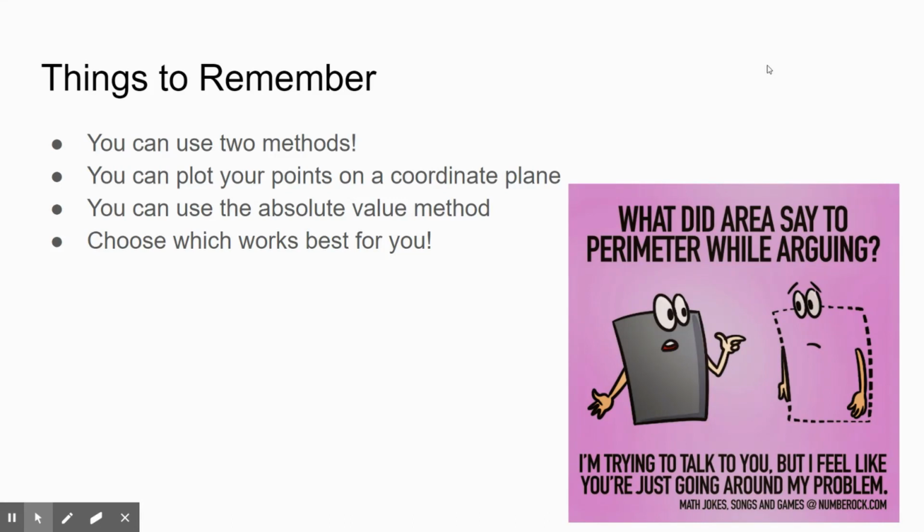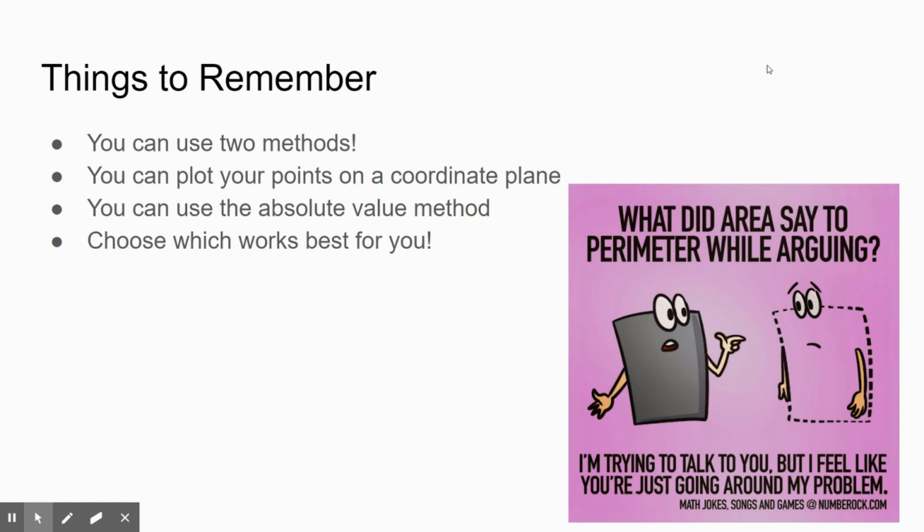So remember, there are 2 methods you can use to find the perimeter of a shape on a coordinate plane. You can either plot your points on a coordinate plane. This works best if you have points to plot, or if you've just got a shape on a coordinate plane already. It's a little bit longer to do most of the time, but sometimes it works better. Alternatively, you can use the absolute value method.